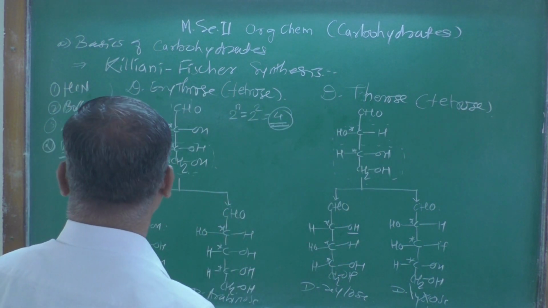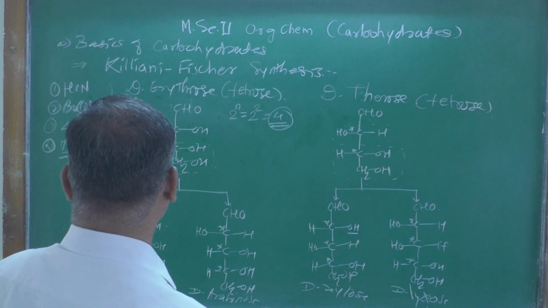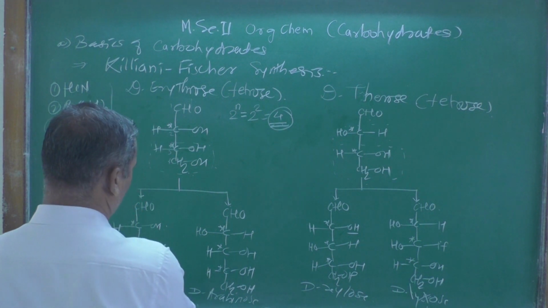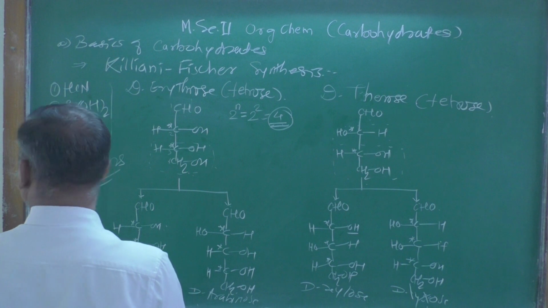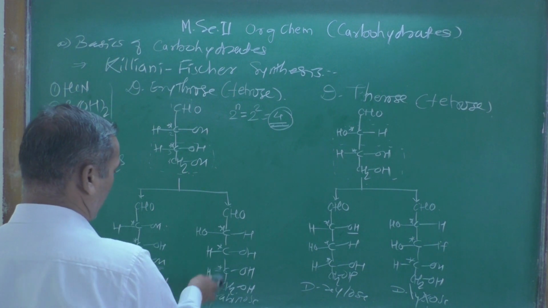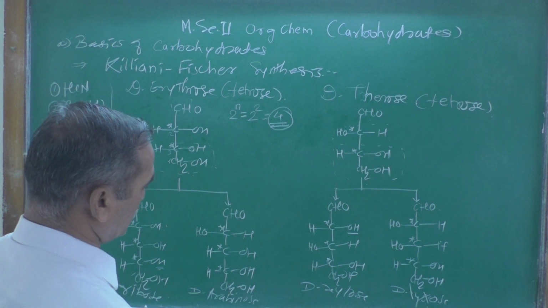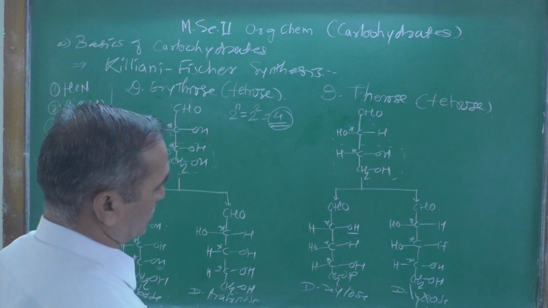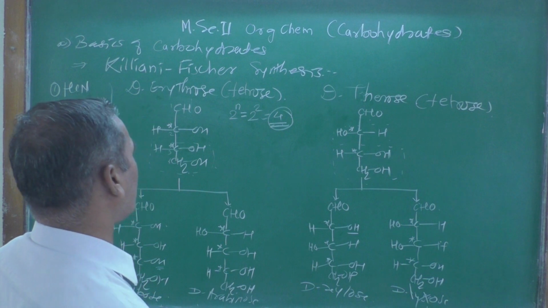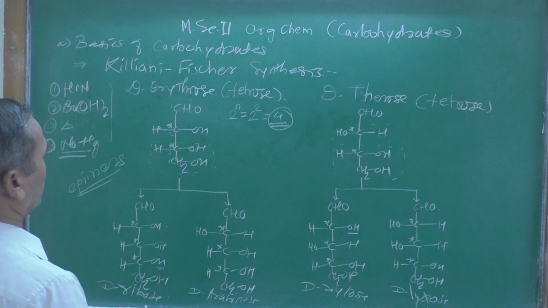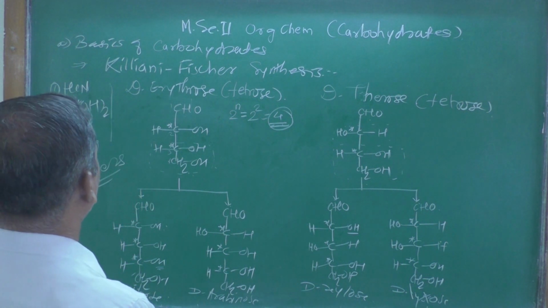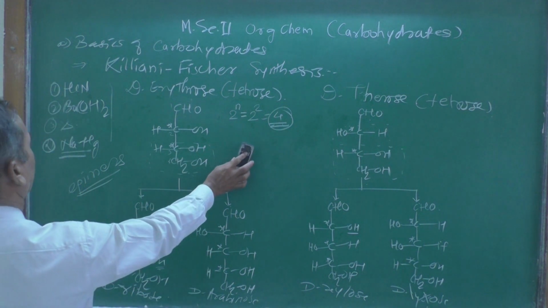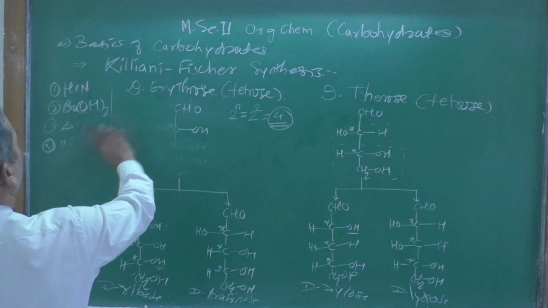Now let me clean over here. Ribose will give two structures. D-arabinose gives 2 structures, D-xylose will give 2 structures and D-lyxose will give 2 structures. Let us see the structures of those things.